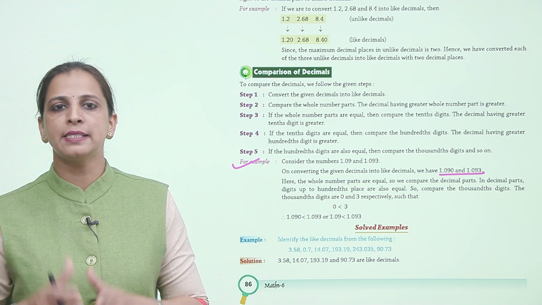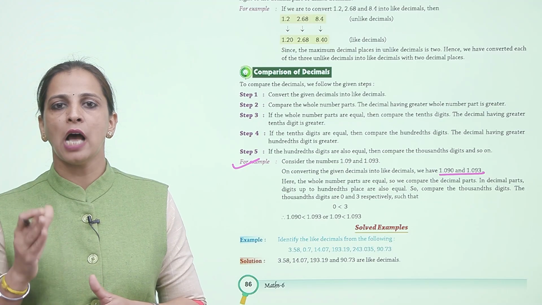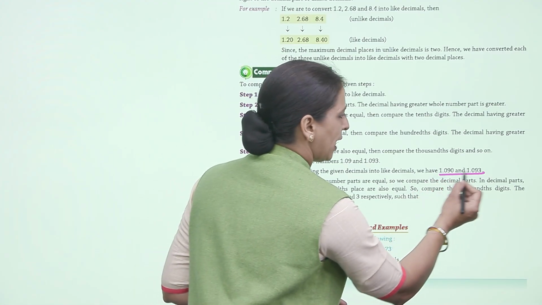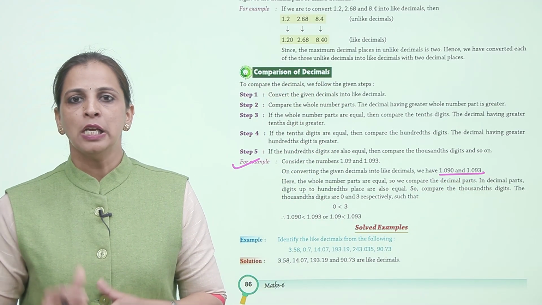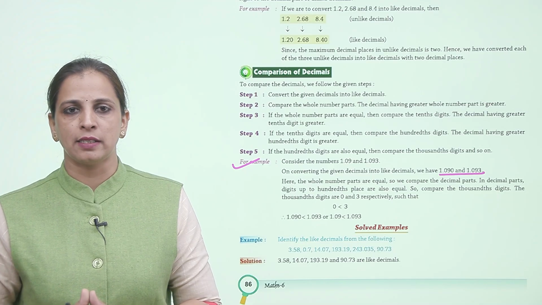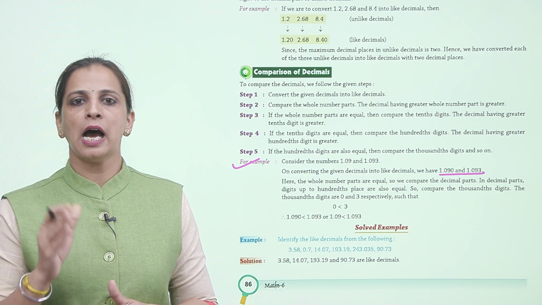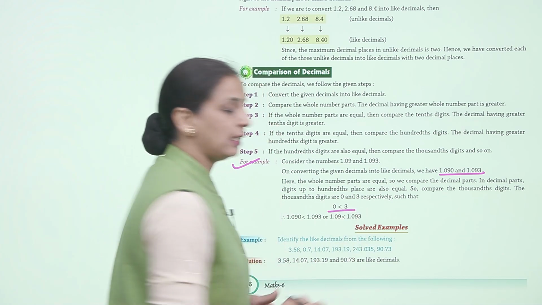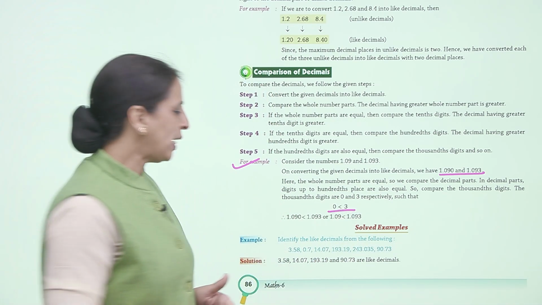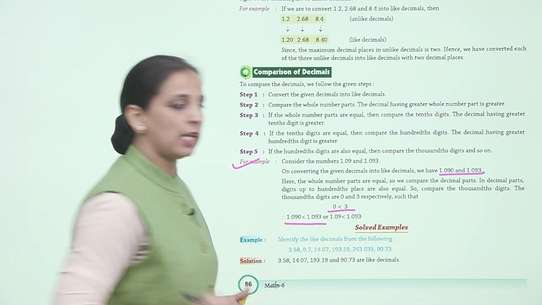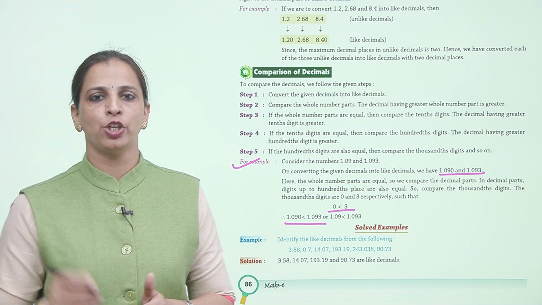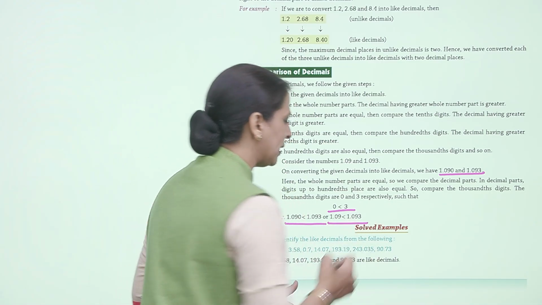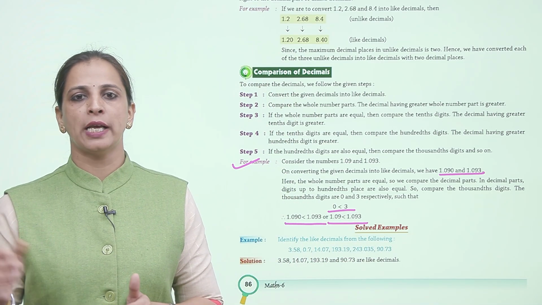In decimal parts, digits up to hundredth places are also equal, 0 and 9, 0 and 9. So compare the thousandth digit. The thousandth digits are 0 and 3 respectively, such that 0 is less than 3. So 1.090 is less than 1.093, or 1.09 is less than 1.093.